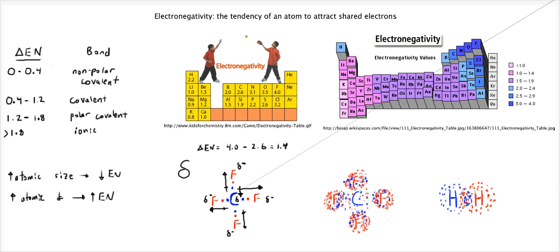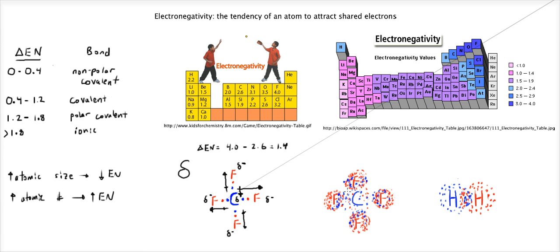Here is an exaggerated schematic. This is a bad drawing, I apologize. I have the carbon in blue with the probability distribution for its electrons, where its electrons are most likely to be, and the same with fluorine in red. I've tried to show you, in an exaggerated and weird way, that the electrons will spend more time, or will be more likely to be found, around these fluorines.